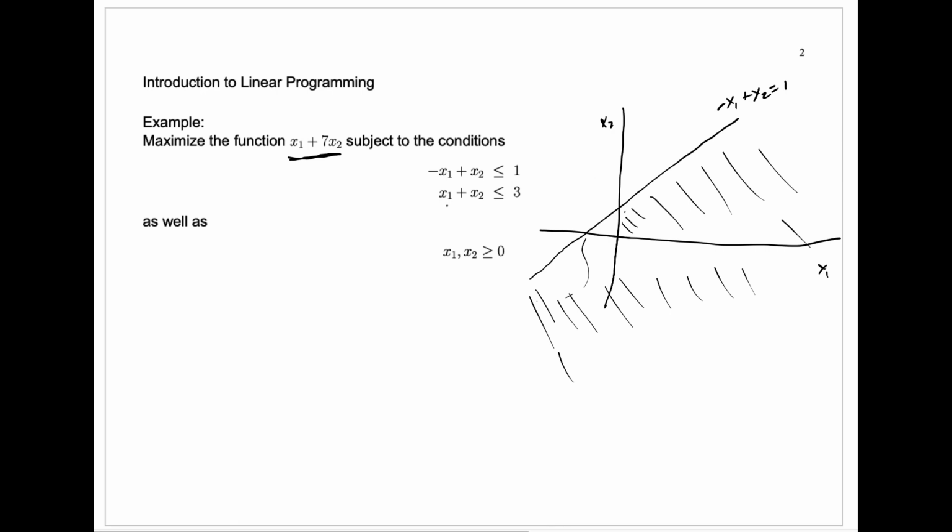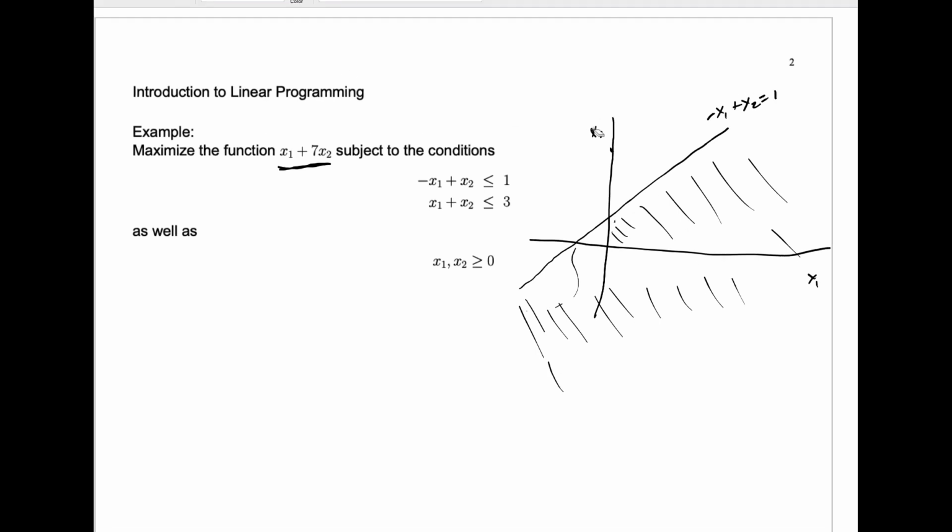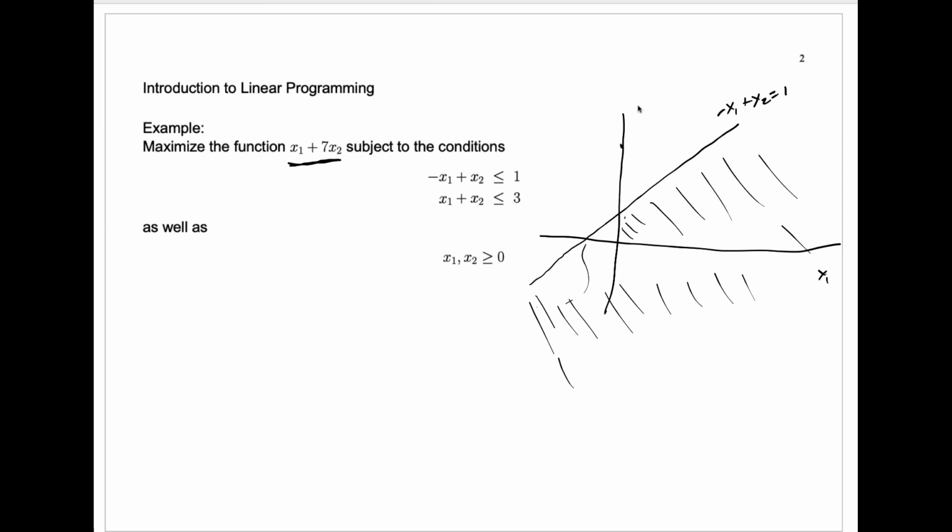The second constraint, x1 plus x2 is less than or equal to 3. I can graph x1 plus x2 equals 3. Let me get rid of this. Something like that. Here's the point 3, 0. Here's 0, 3.